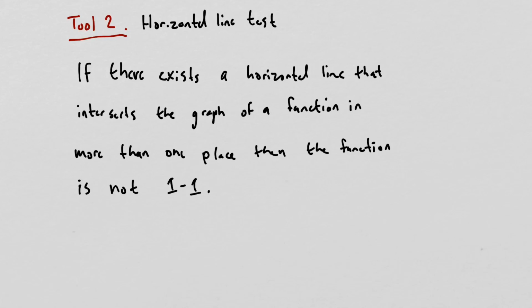Let's go ahead and use this tool to determine if a few graphs of functions are one-to-one. So this is going to be the final example, example number 9. Are the following functions one-to-one?